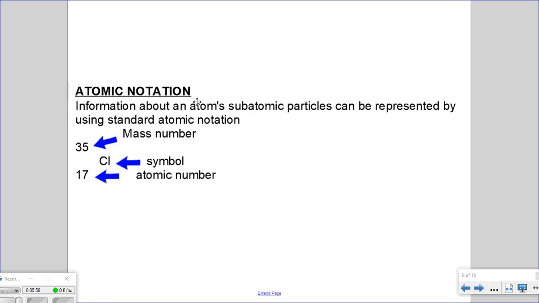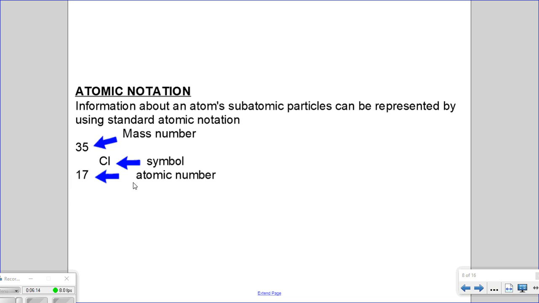Using information from the periodic table, we could come up with what's called atomic notation. Atomic notation gives us information about an atom's subatomic particles and can be represented using standard atomic notation.